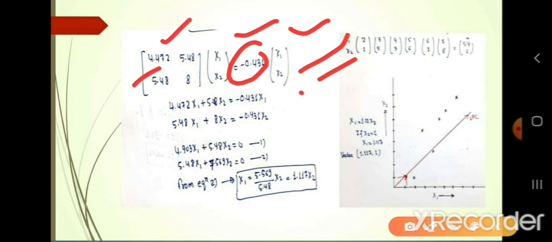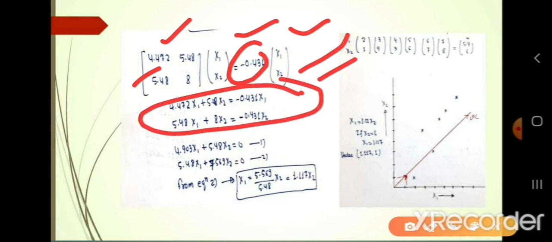By solving this we will get these two equations. Using this equation we'll get a relation between x1 and x2 in this form. So we have got the relation between the x1 and x2 variables.